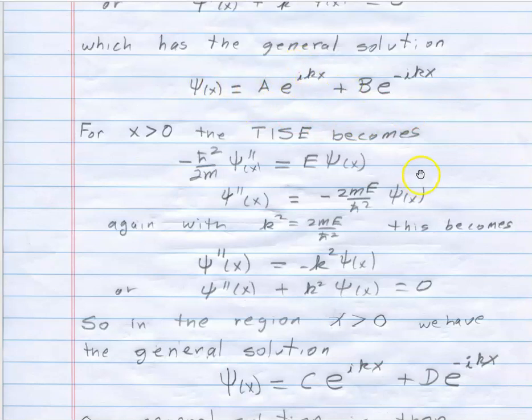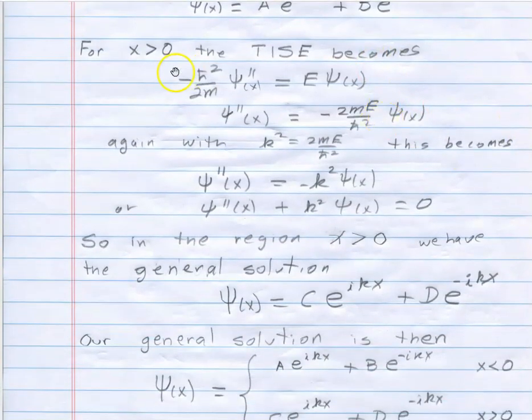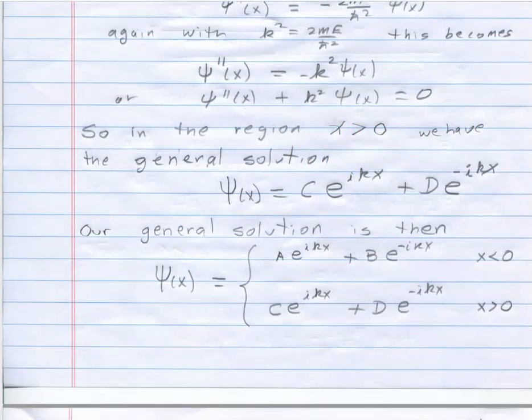For x greater than 0, it's essentially the same problem. For x strictly greater than 0, the potential is 0 again because the delta function vanishes there. As a result, the equation becomes exactly the same, and we can solve it in this region and get the general solution, which is psi equal to C e to the ikx plus D e to the minus ikx.